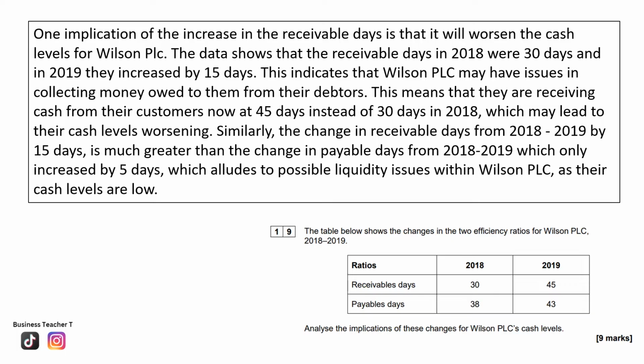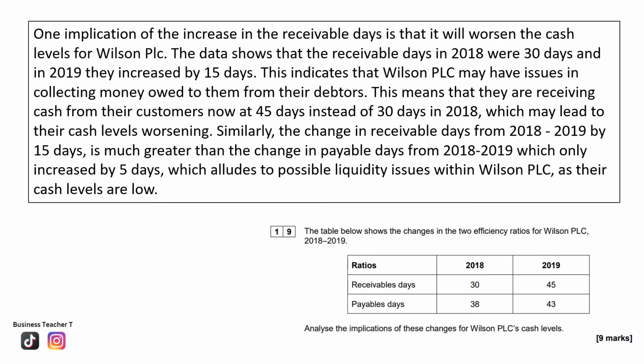This means that they are receiving cash from their customers now at 45 days instead of 30 days in 2018, which may lead to their cash levels worsening. Similarly, the change in receivable days from 2018 to 2019 by 15 days is much greater than the change in payable days, which only increased by 5 days, which alludes to possible liquidity issues within Wilson PLC as their cash levels are low.